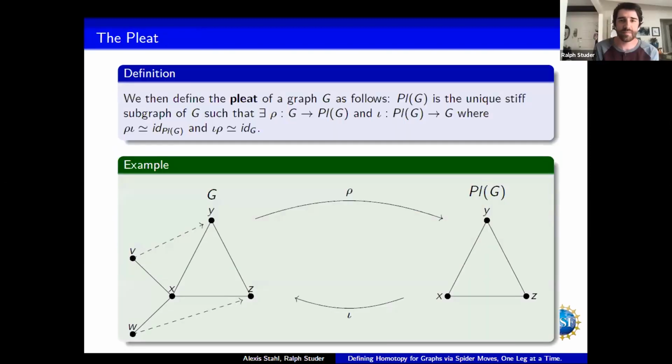From the stiff graph, we define the pleat as the unique stiff subgraph of G. In this example, the two antennae are folded in, and that's the action rho.